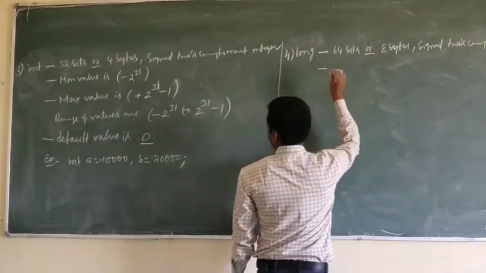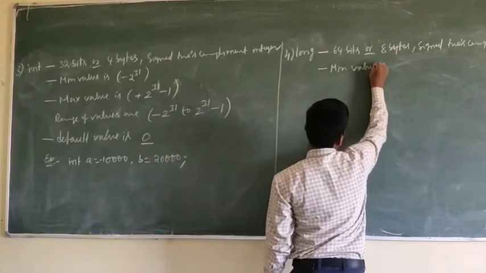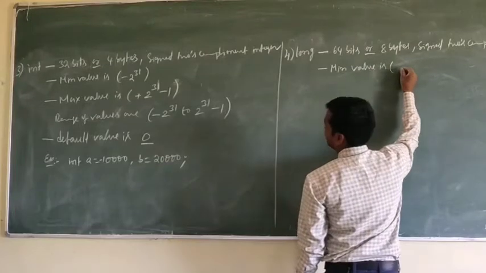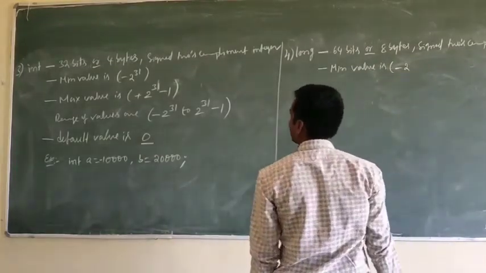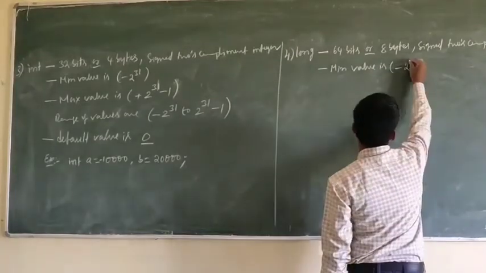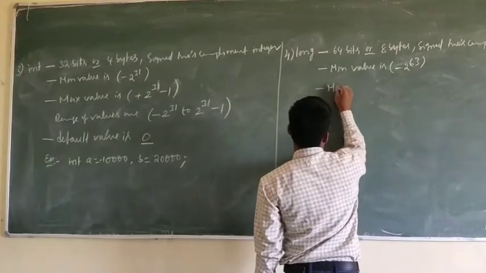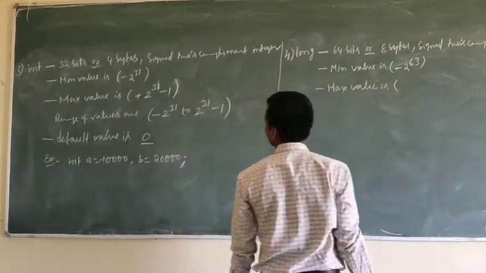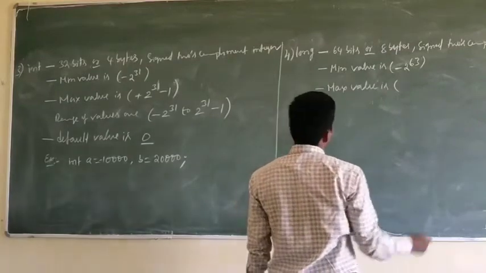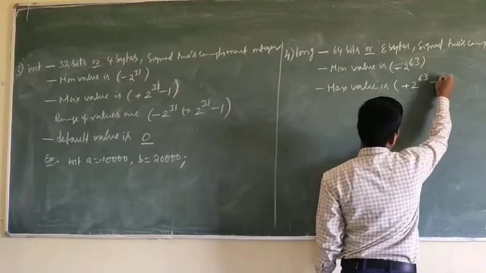And what is the minimum value and maximum value? The min value is minus 2 to the power of 63, and the maximum value is plus 2 to the power of 63 minus 1.